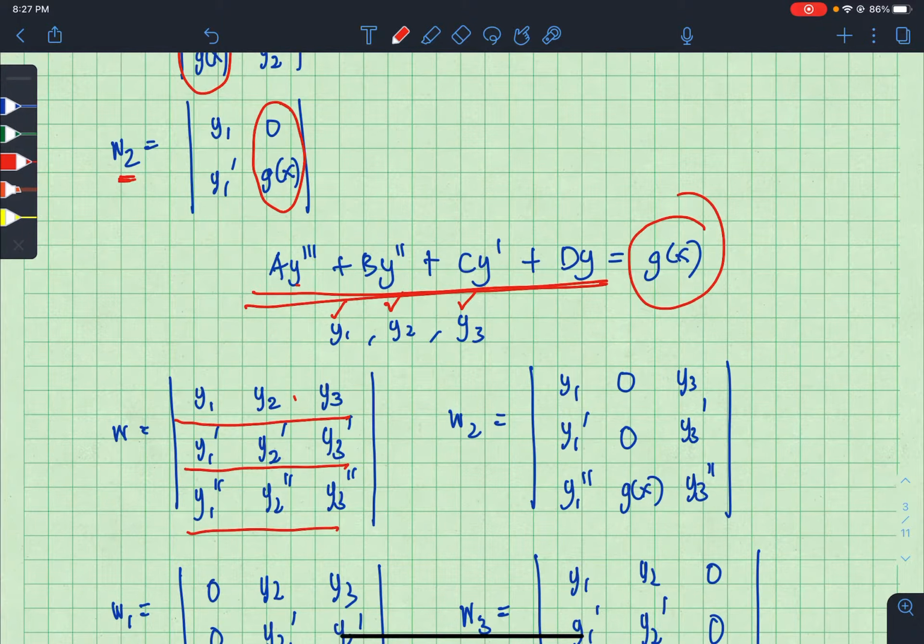So U sub 1 is the integral of W sub 1 over W. W sub 1 is 1 minus secant squared theta over W, which is just 1, and then d theta.